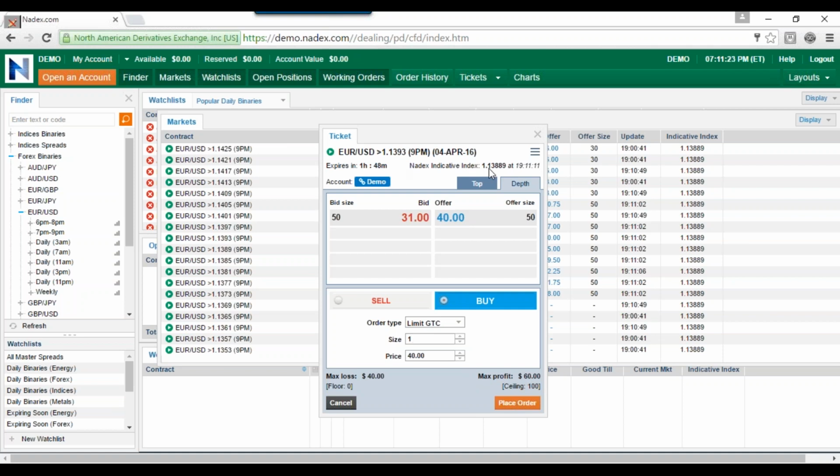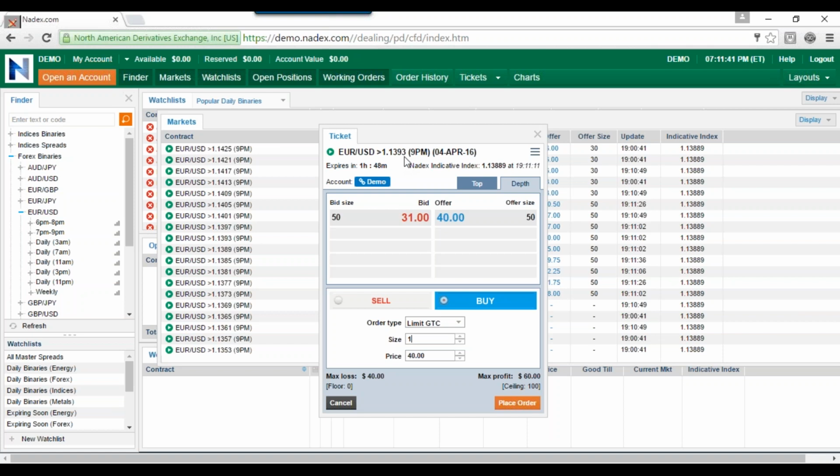Well, right here, the market again is at 1388. I'm saying it has to get to 1393. So it only has to move about 5 ticks or 5 pips. So we're not talking about a lot of movement there.